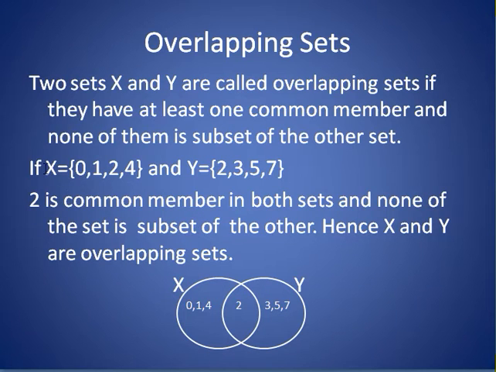See, set X has elements 0, 1, 2, 4, and set Y has elements 2, 3, 5 and 7. In both sets, 2 is the common element. So we can say that they have at least one common element and that is 2.